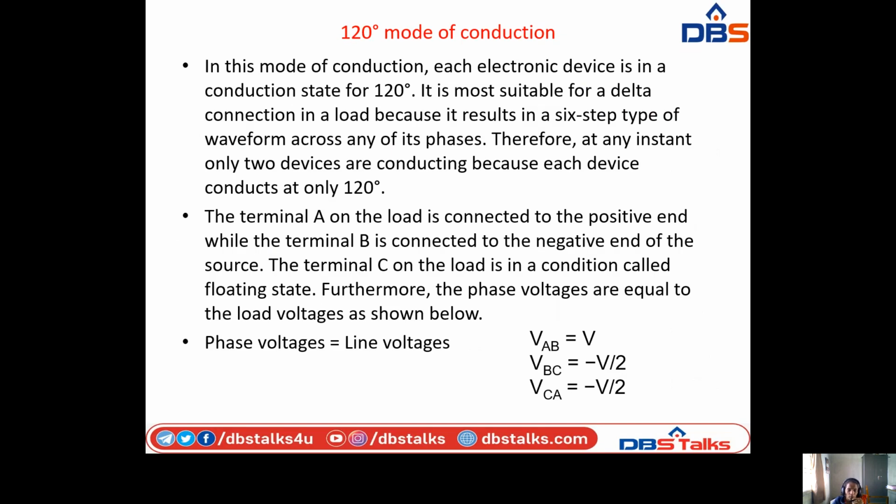So 120-degree conduction means the electronic device is in a conduction state for 120 degrees, and it is most suitable for delta connection. Why? Because the result is a six step type of waveform across any of its phases.